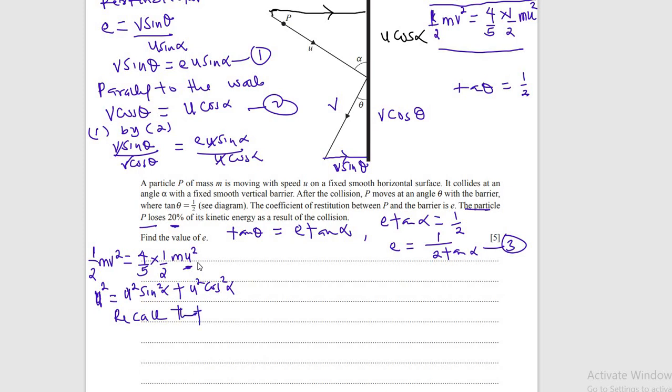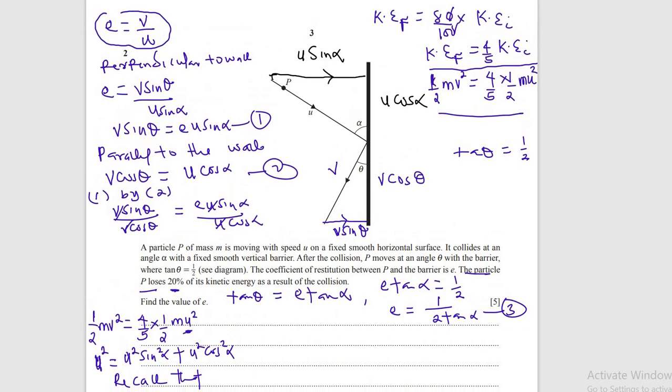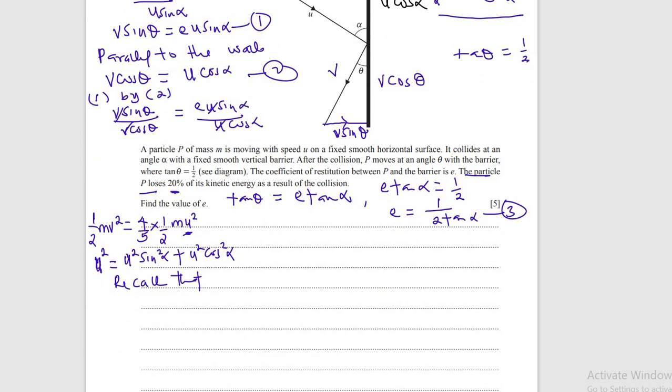And we call that u sine alpha is equal to, look at it, we call that from here v sine theta equal to e u sine alpha.